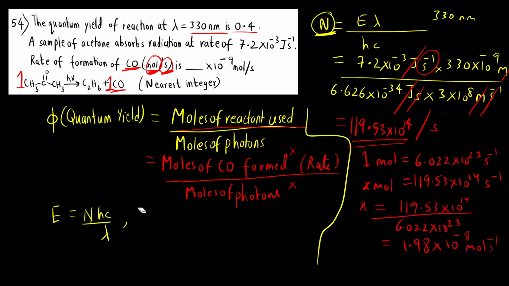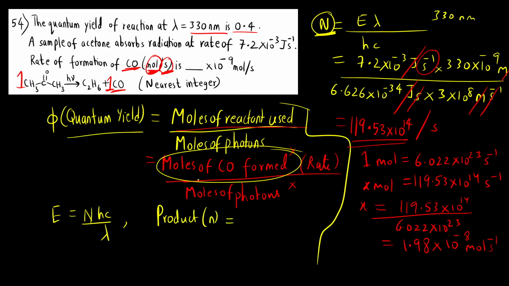Now we can substitute. We want moles of product. So moles of product will be quantum yield, that is 0.4, into the moles of photons.